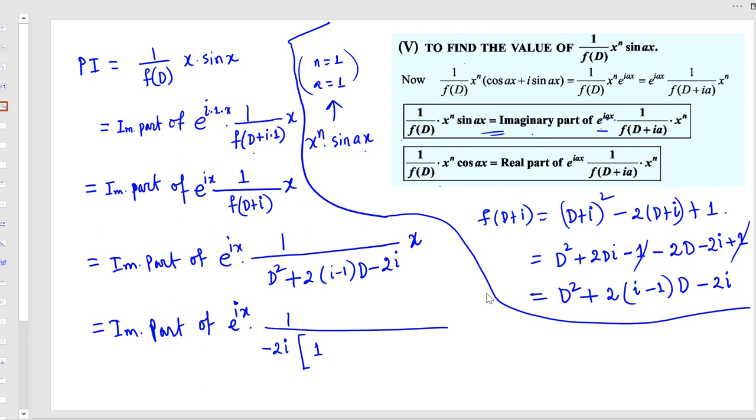This is 1, then you get, just a minute. So here you take 2y common, this 2 and this 2, just a minute.